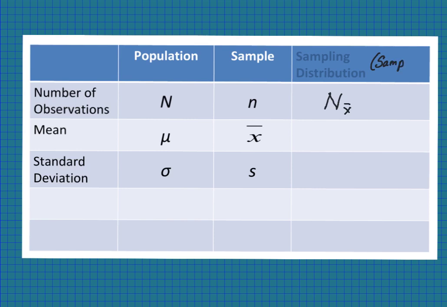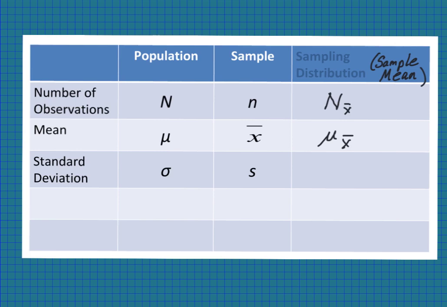So let's add a little sample mean here to this column. Okay, so the number of samples that form the distribution of the sample mean or the sampling distribution is n sub x bar. The mean then is mu sub x bar, because we're going to use that sampling distribution to infer things about the population.